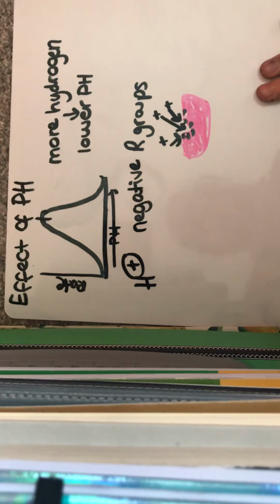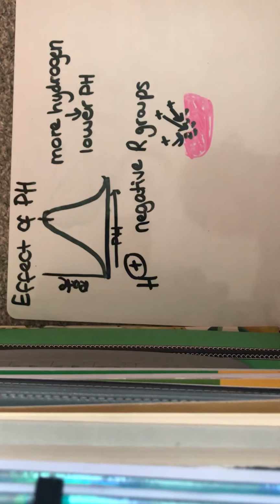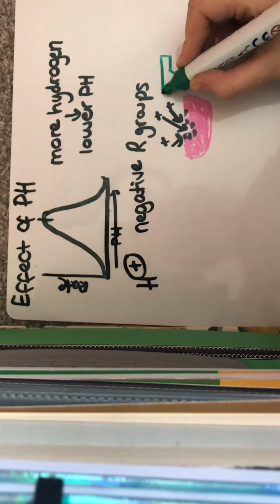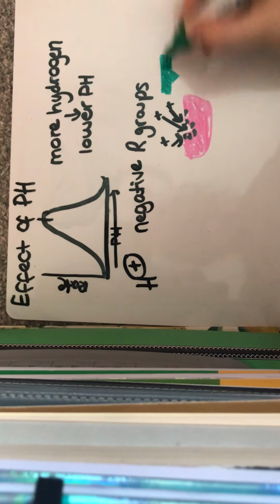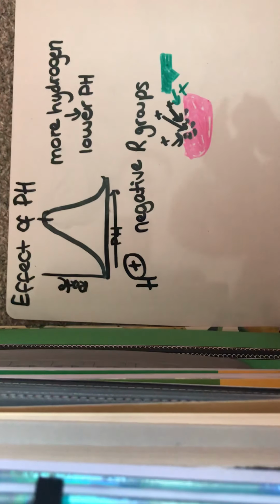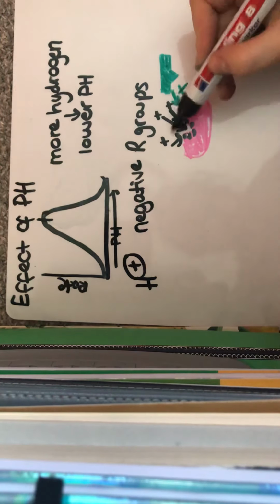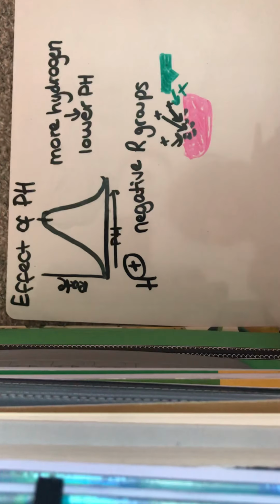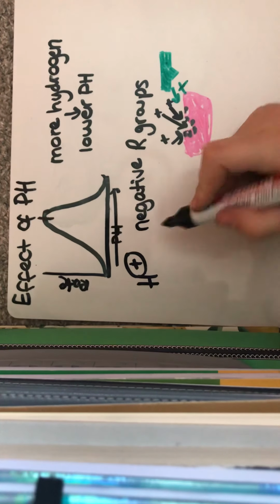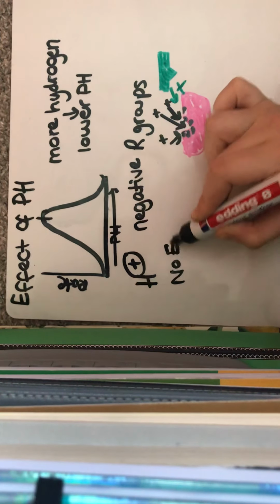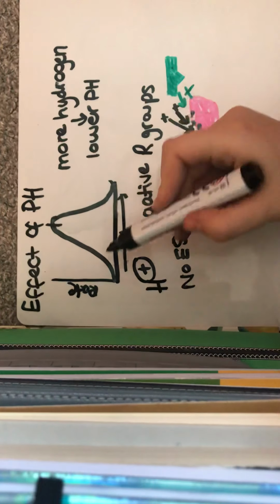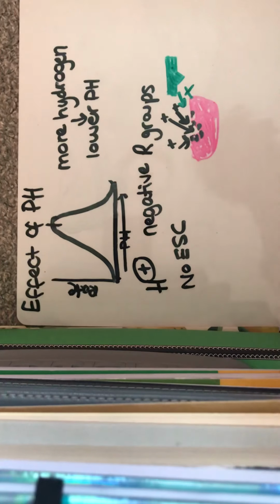And by doing that, they're going to block the substrate from binding. So this can't bind now because there's too many hydrogen ions blocking the active site. So when this happens, they can't bind and no enzyme substrate complex is formed, which explains why the rate of reaction stops and the enzyme is denatured at that point.